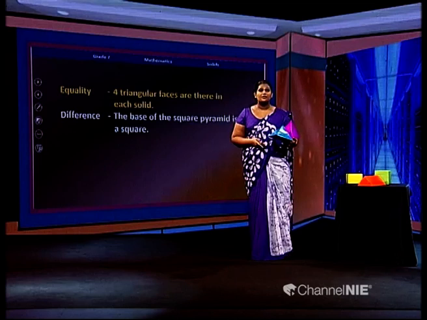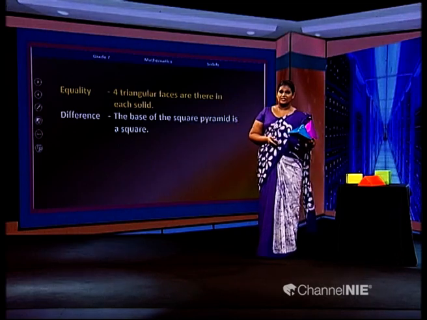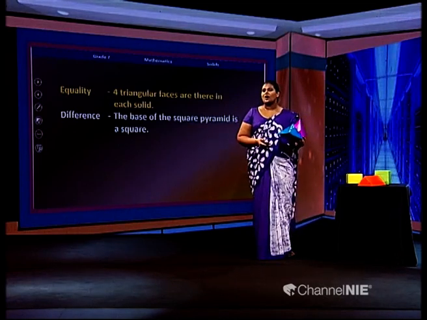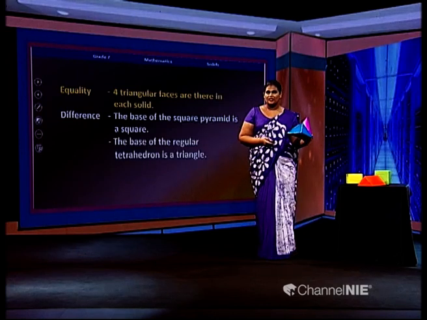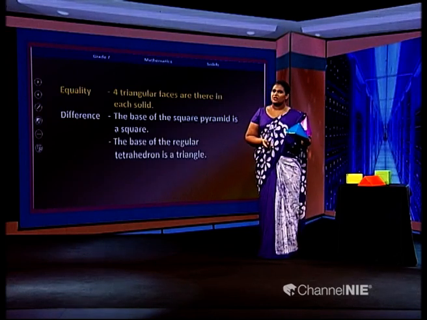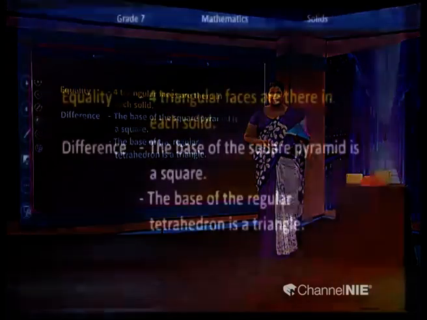But what about the base of the square pyramid? Here, it is a square. Therefore, the regular tetrahedron has a triangular base, but the square pyramid has a square base. So, we can consider it as the difference. That is, the base of a square pyramid is a square. The base of a regular tetrahedron is a triangle.